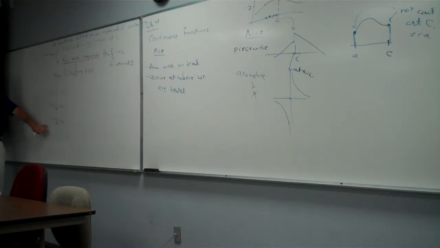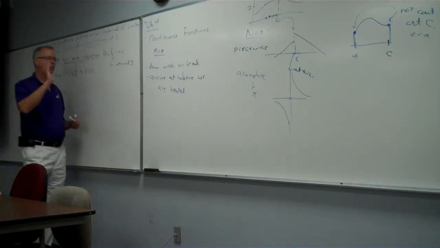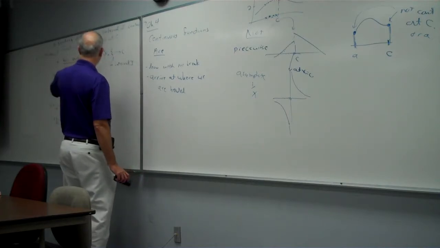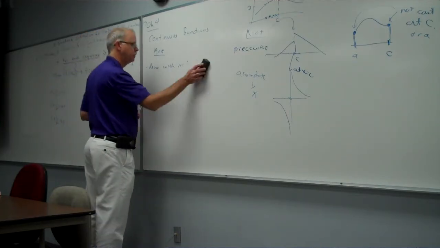It is a challenge to come up with an argument built off every possible sequence converging to C. But there are a few times we're going to want to try to do that. So let's at least look at one example just to get a sense of what this definition requires us to do.